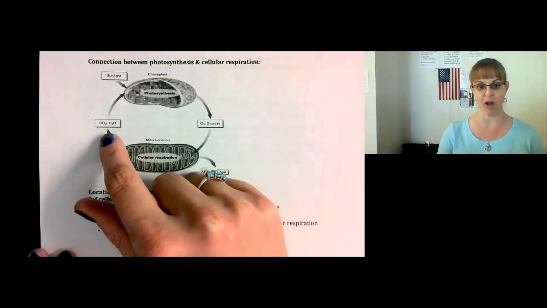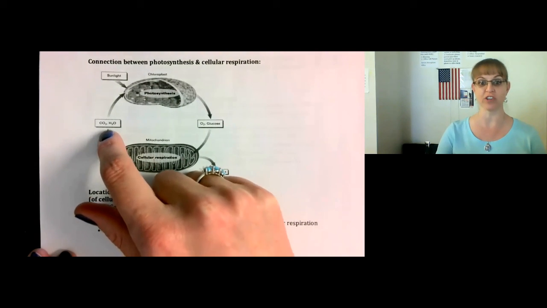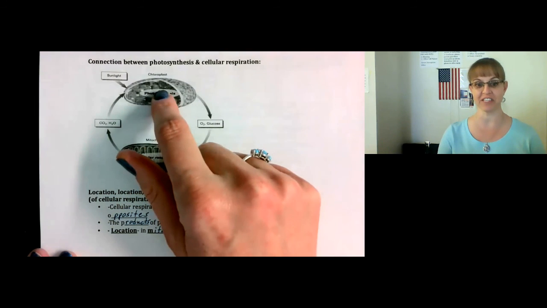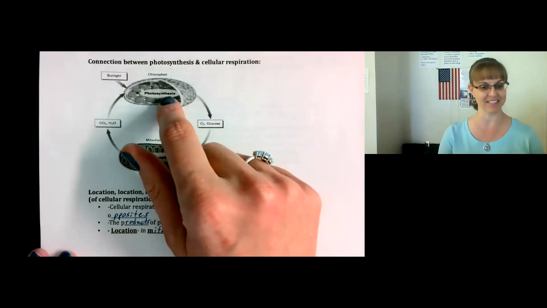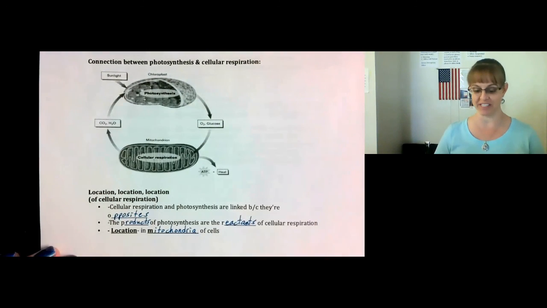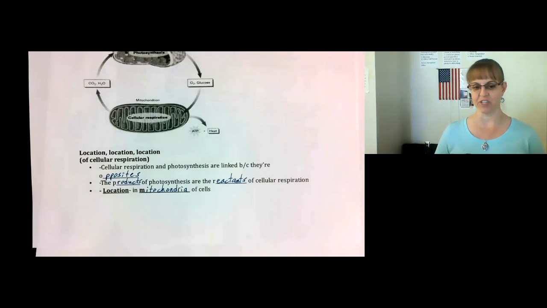That produces carbon dioxide and water, which are then used by photosynthesis, which happens in the chloroplast. And it just keeps going in a cycle. And as we just said, cellular respiration occurs in the mitochondria, and they use it to make energy.